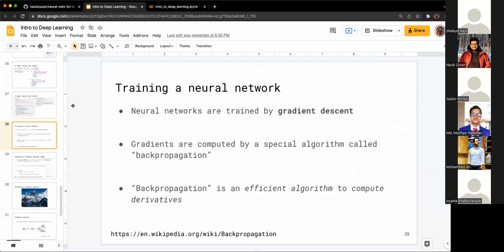It does this by using a special algorithm called backpropagation. We're not going to cover backpropagation in detail in this session because it's near impossible to fit backpropagation in one lecture. For now, just know that backpropagation is an efficient algorithm to simply compute the derivatives or the gradients from your neural network.